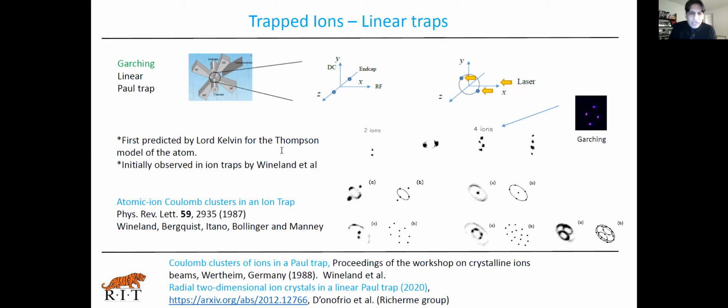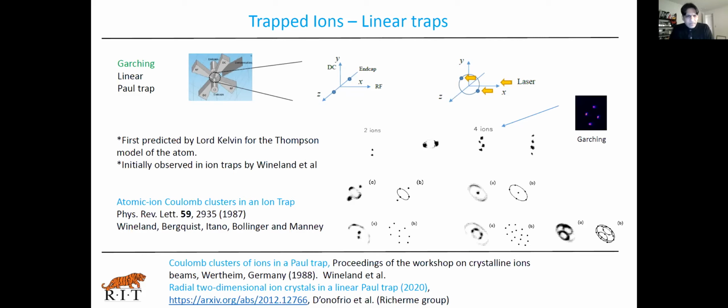In the plum pudding model, you'll remember the nuclear charge, which is positive, occupies a finite volume, and the electrons are embedded inside that positively charged sphere. And if you do some elementary electrostatics, you can figure out that for small displacements, each electron basically sees a harmonic restraining force. And that's essentially what the ions see inside the trap. So it's not surprising that you see similar shapes.